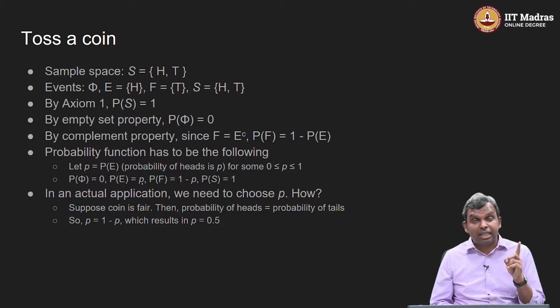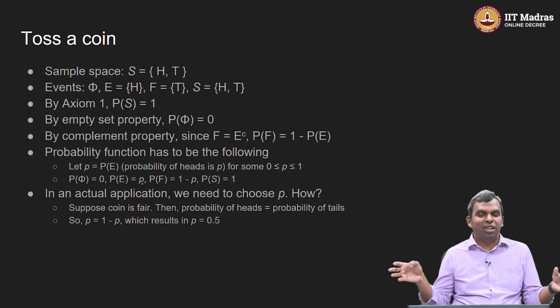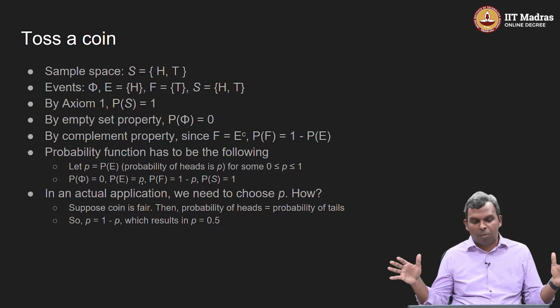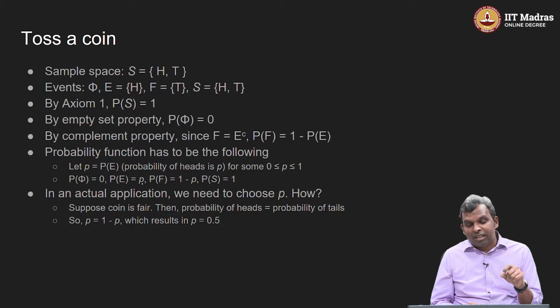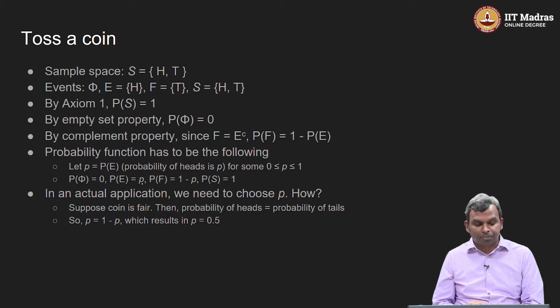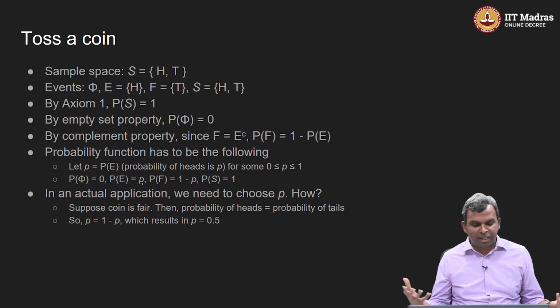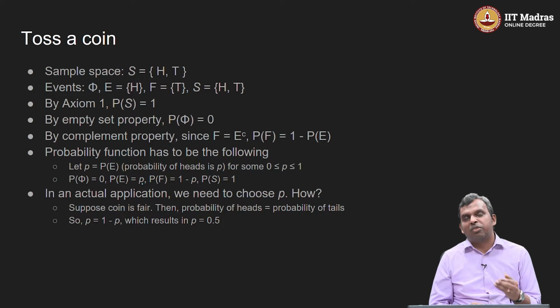And once you assign that value, everything else gets taken care of. Why is that? Anyway, P of S and P of the empty set were known before, 1 and 0, no problem. The only thing that was left was P of E and P of F. If you put a value p, small p, to P of E, then what should be P of F? 1 minus p, right. So, that comes from the complement property, that is it. So, if you were to actually apply this probability space to study the tossing of a coin experiment somewhere, you have to choose a value p.